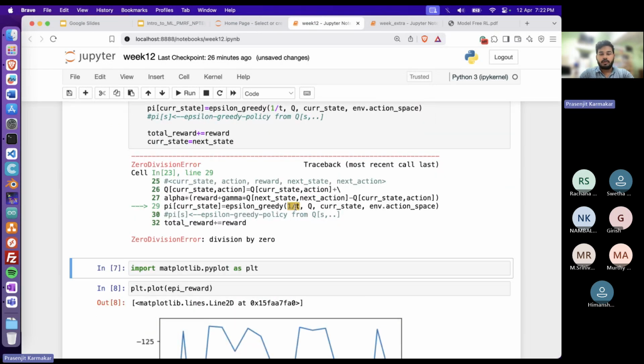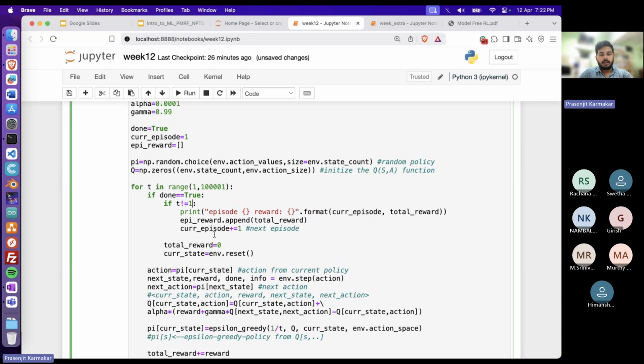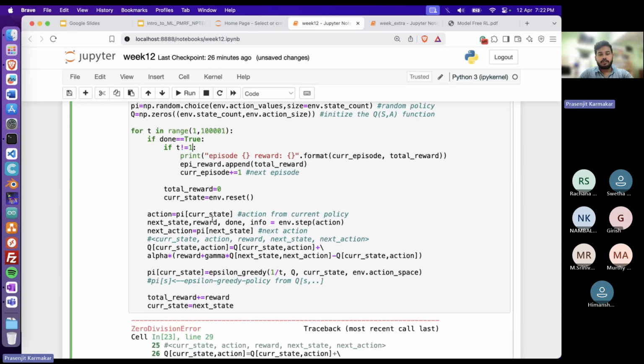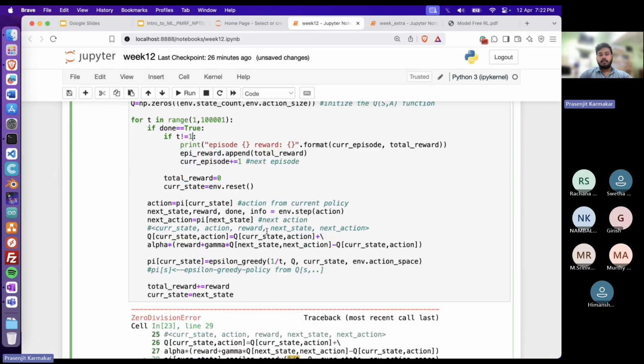Division by 0. Okay. So t becomes 0 at the, let's start with 1, and from here to here, right? And we have to then update it here. Yeah, now it's fine. So my time starts from 1, not from 0. Okay. Then 1 over t becomes 1.